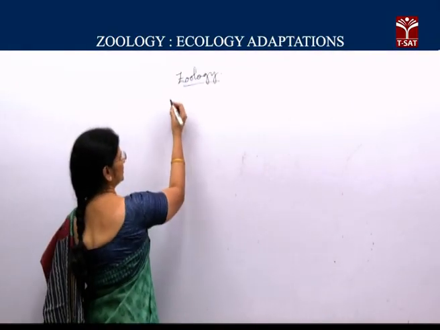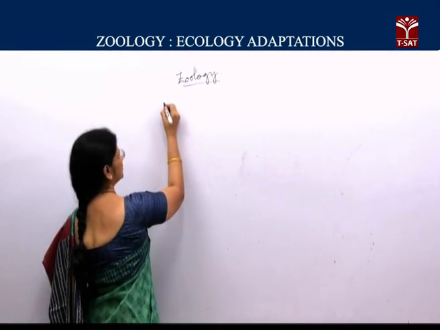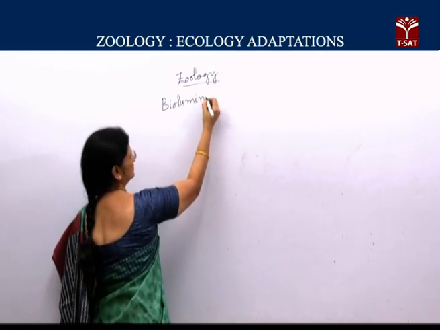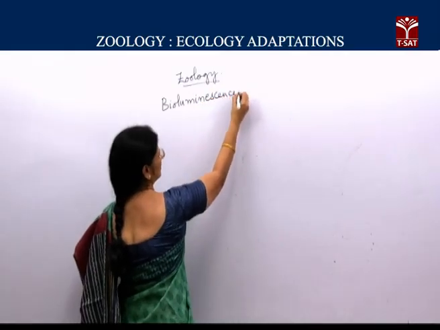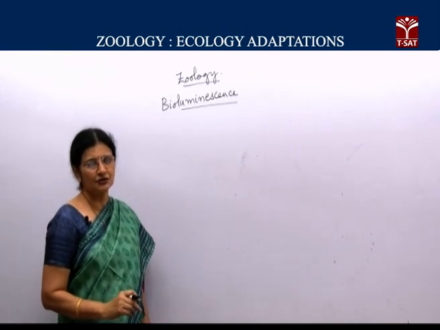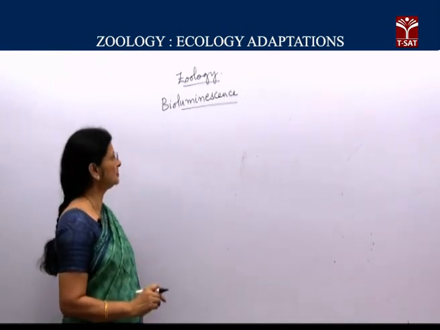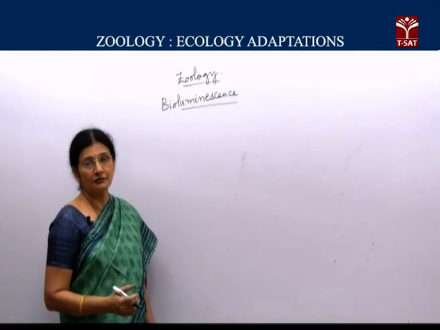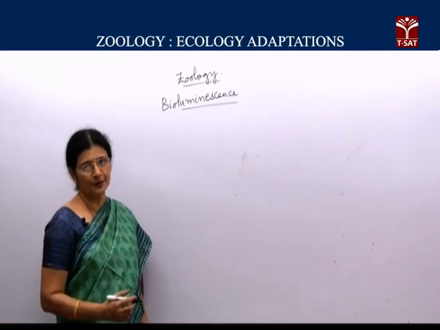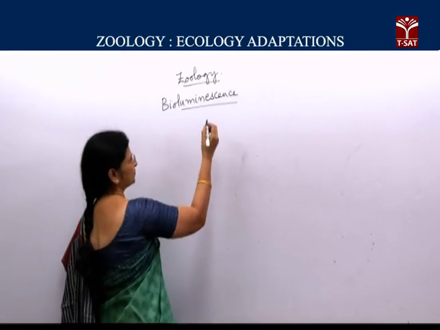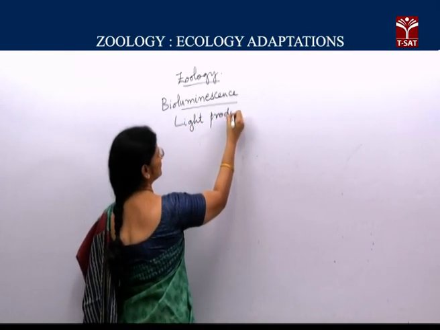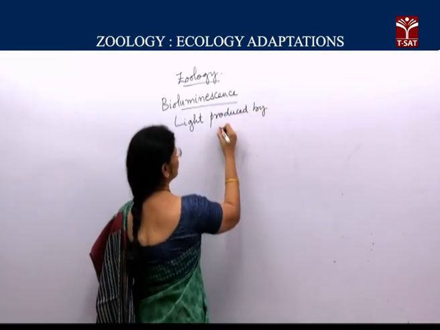Now, before concluding this effect of light, we will see one more commonly studied factor, bioluminescence. You studied in the chapter animal diversity also, one particular phylum is there, which exhibits this bioluminescence. Bioluminescence means light produced by living organisms.